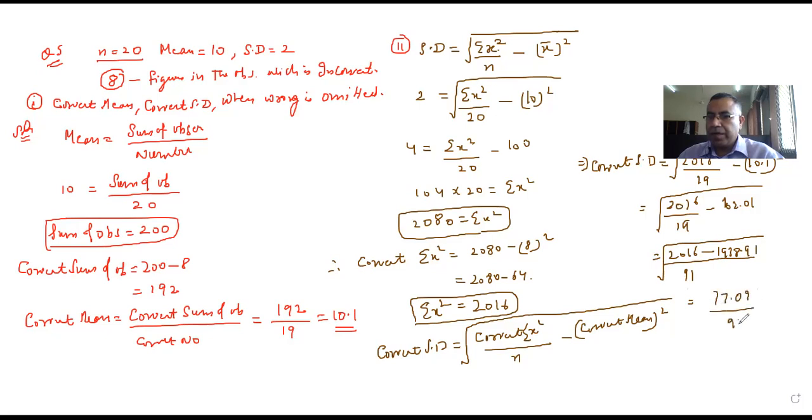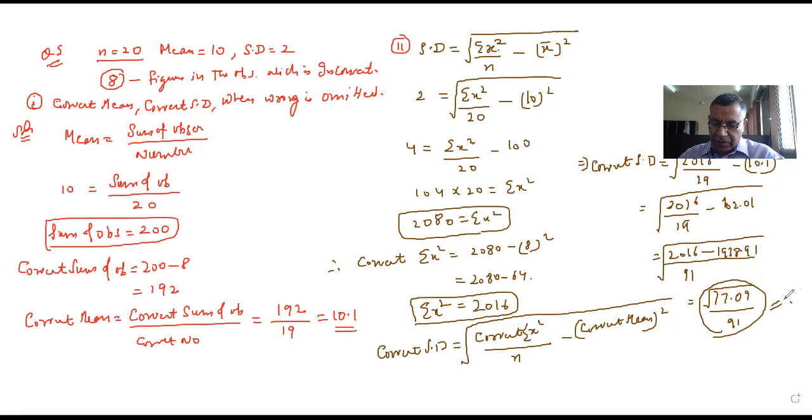No, 2016 is high and 1938.19 is smaller. Yes, sir, I calculated it the wrong way around. Okay, so this is my correct standard deviation, approximately 4.09. Whatever, this is your answer.